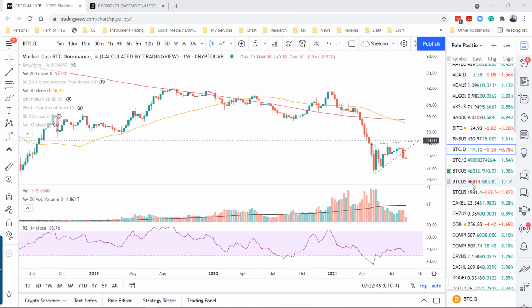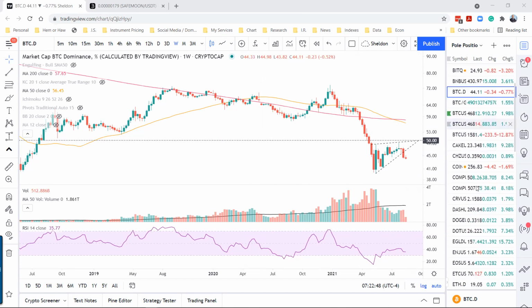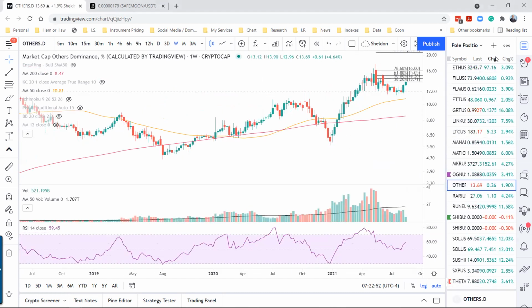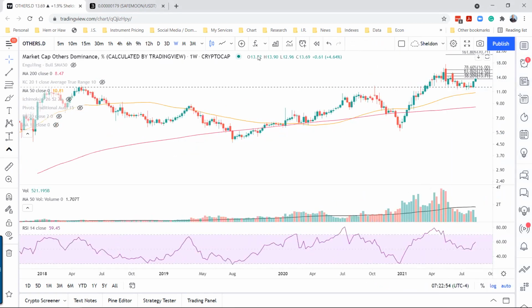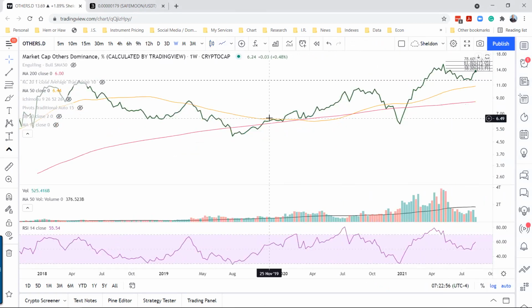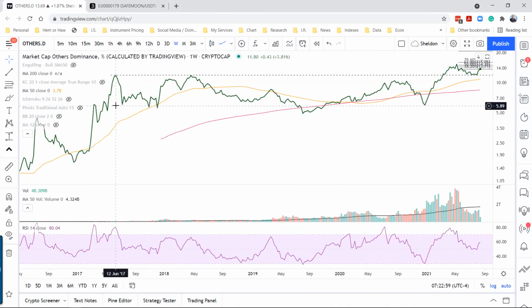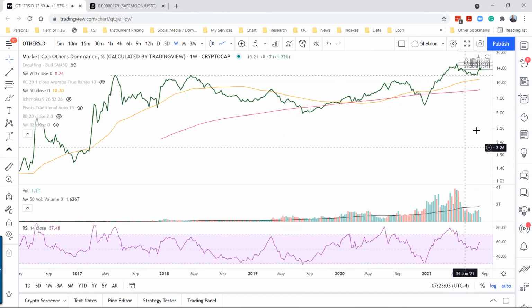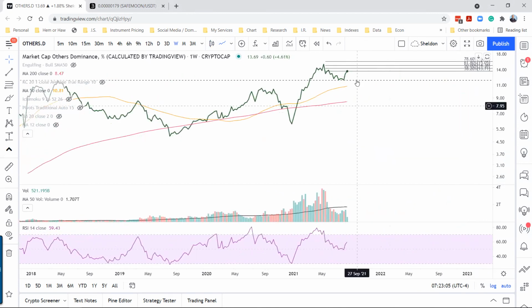And it's interesting because when you take a look at other cryptocurrencies, they actually held their previous highs going back to 2017. You'll see here their percentage of the market came down, tested, and now is breaking out and has hit a 38.2% retracement.